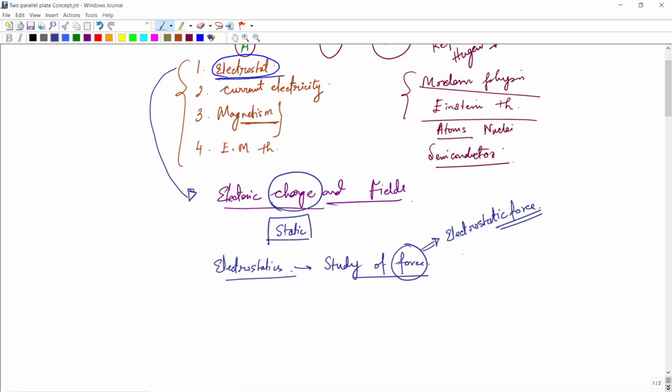Field is very important, and also potential. These are all in the electrostatics portion.